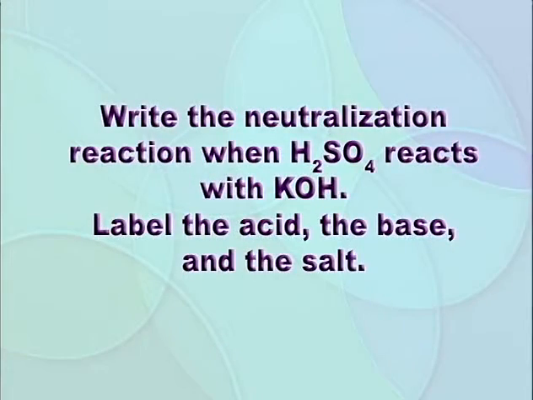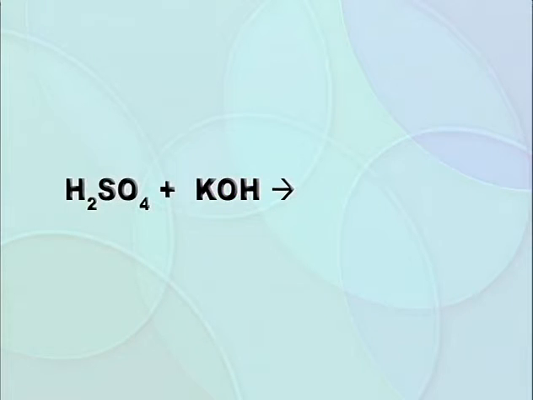Now let's write a couple more reactions before we move on. Write the neutralization reaction when H2SO4 reacts with KOH. Label the acid, the base, and the salt. All neutralization reactions are double displacement reactions, so the ions in our reactants need to switch partners.